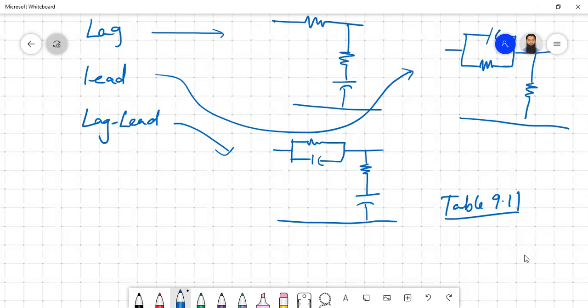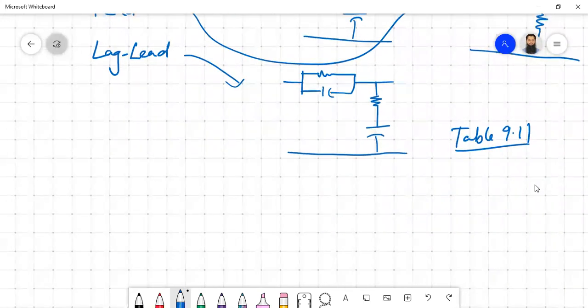How to figure out the values is very basic. Again, compare your two equations, and it may happen that you have fewer equations than unknown parameters. Then you have to assume a few values. Then you can finally figure out the rest of the values based on those assumed values. So this is the end of your chapter 9.